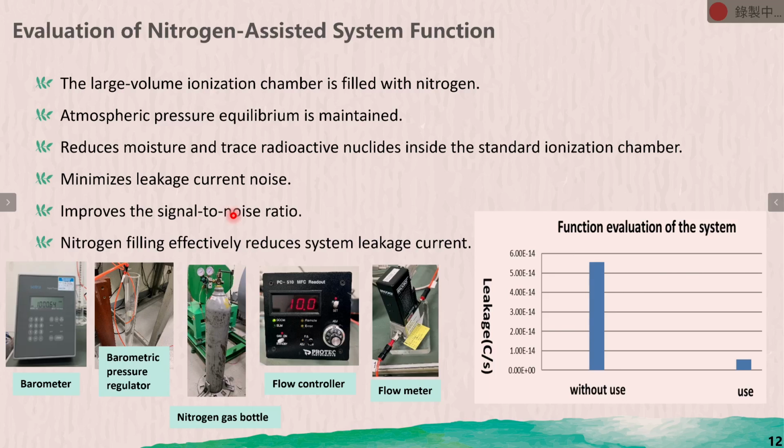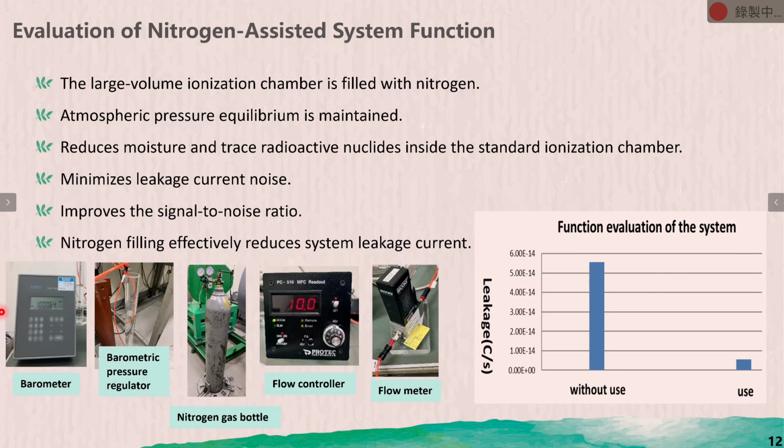Because we use a large volume ionization chamber, we fill some nitrogen inside in order to reduce the leakage current. We use this nitrogen gas bottle, and this is our handmade barometer pressure regulator.